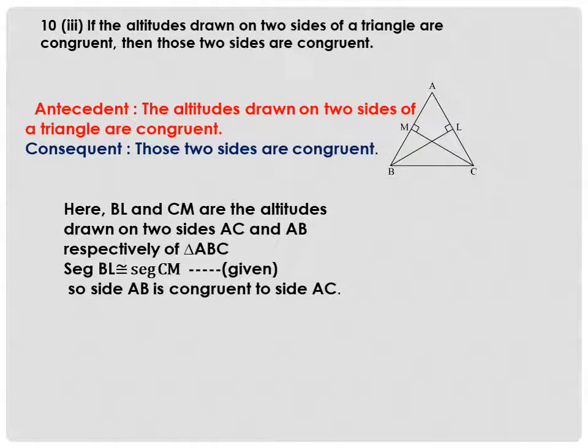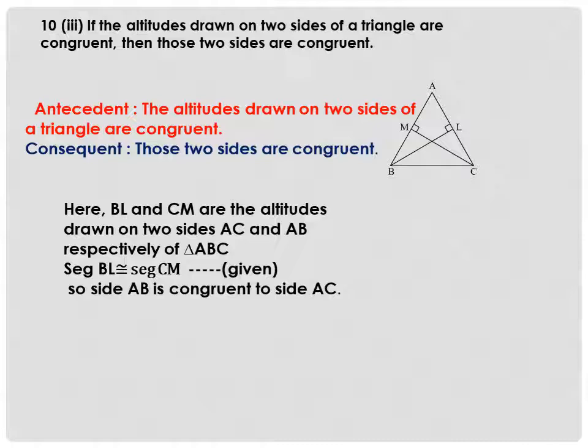If the altitudes drawn on two sides of a triangle are congruent, then those two sides are congruent. Here they have given that the altitudes drawn on two sides of a triangle are congruent. This is our given, the antecedent. And those two sides are congruent is our consequent.